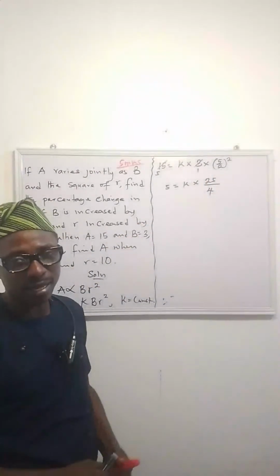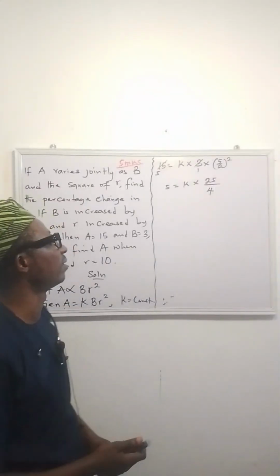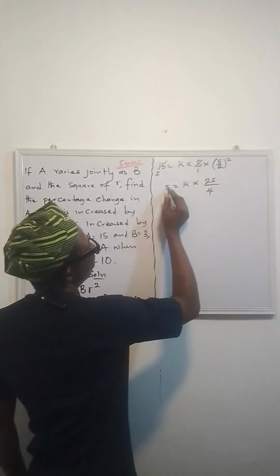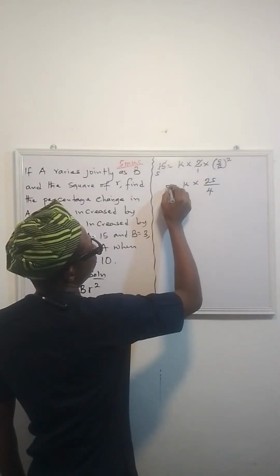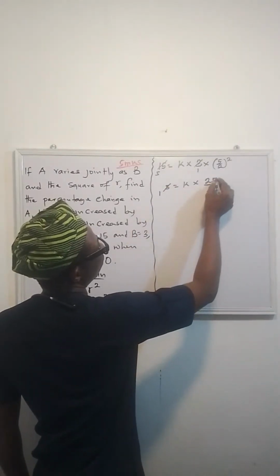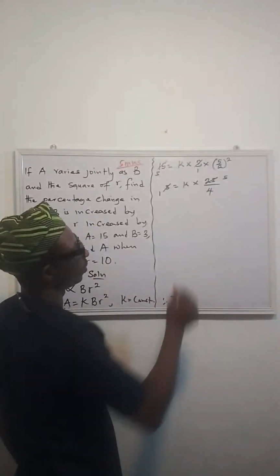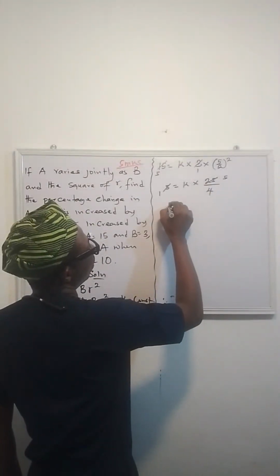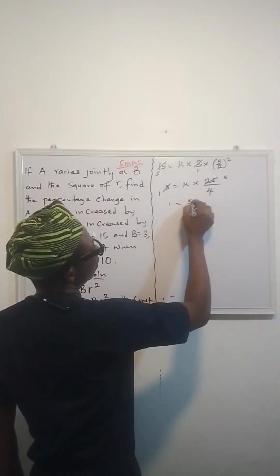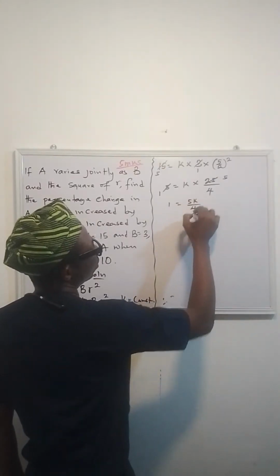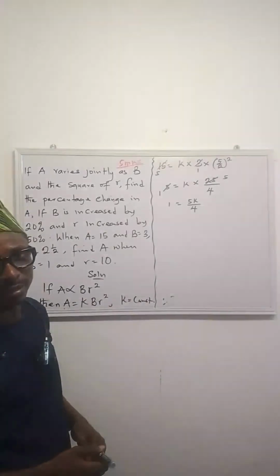So again, I can divide both sides by 5. This 5 goes here, 1. 5 goes here, 5. Okay, so I have 1 equals 5K over 4. I hope you understand that.